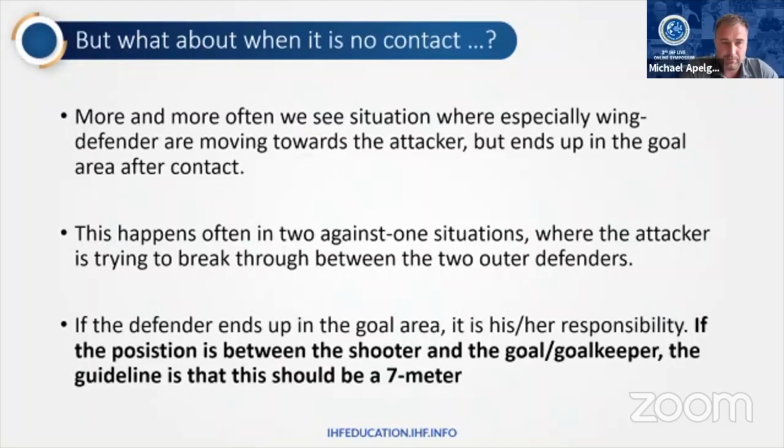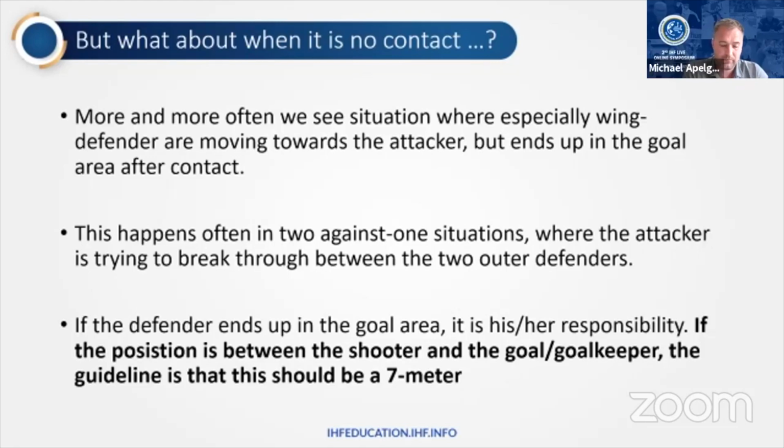But it might also happen if the attacker is not trying to break through, but just preventing that he or she is trying to break through, to make the outer attacker close that space and then play the ball to the wing. So if the defender ends up in the goal area, it is her or his responsibility, after he or she has made a foul because she has moved into the attacker.